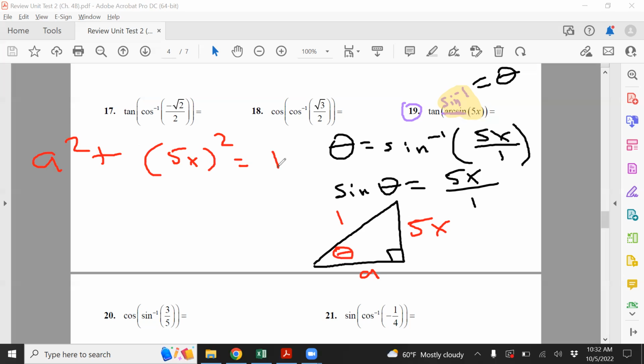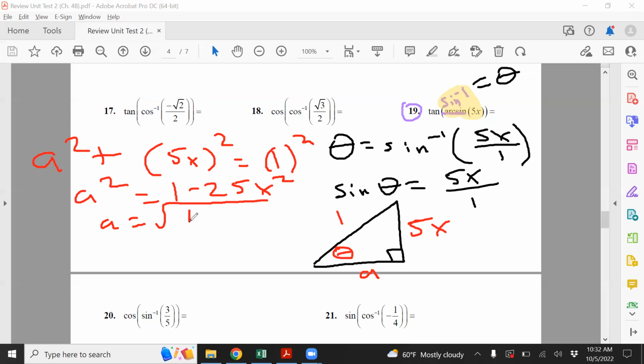So wouldn't a equal... well, no, hold on. So you're doing Pythagorean theorem, right? So a squared equals 1 minus 25x squared. So a is going to be the square root of that, right? Can you simplify it more? You can't, unfortunately, because of PEMDAS. Without realizing it, square root is an exponent.